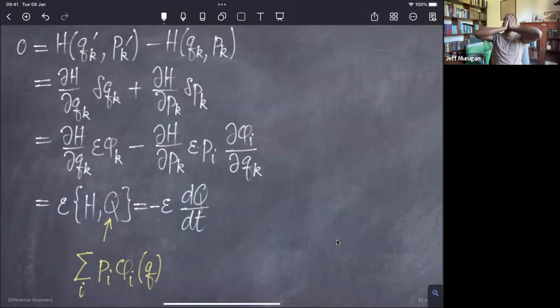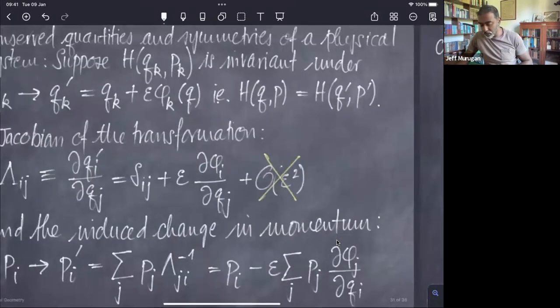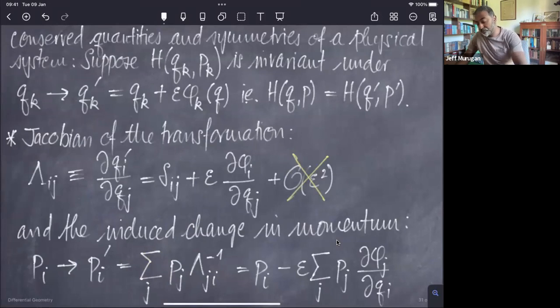So let's see. If we take a step back and ask, what have we done? We've made an infinitesimal change to the coordinate q. And this change has been such that it has left the Hamiltonian, remember, which codes all of the dynamics of the system, invariant. In other words, this coordinate change is a symmetry of the system.